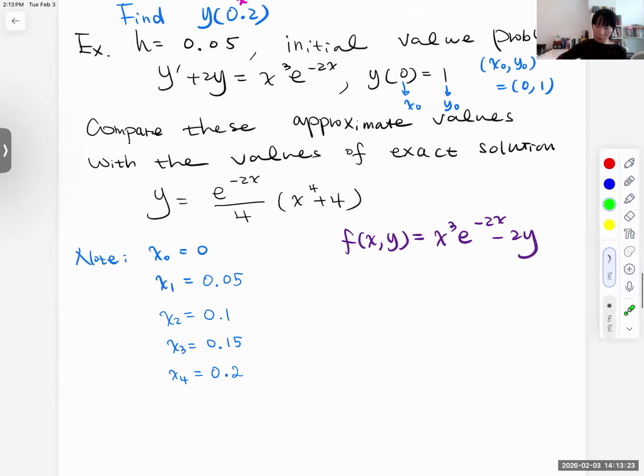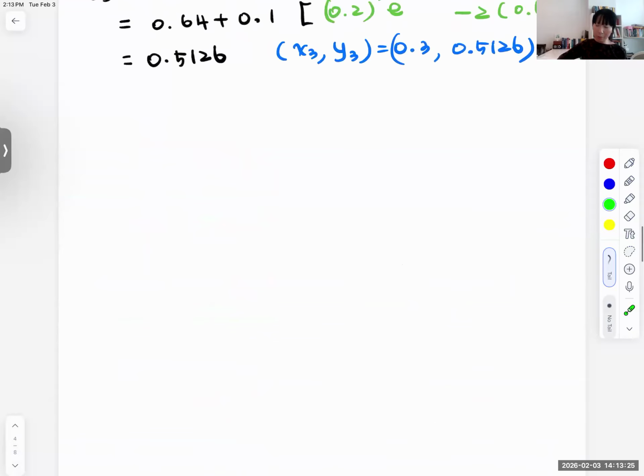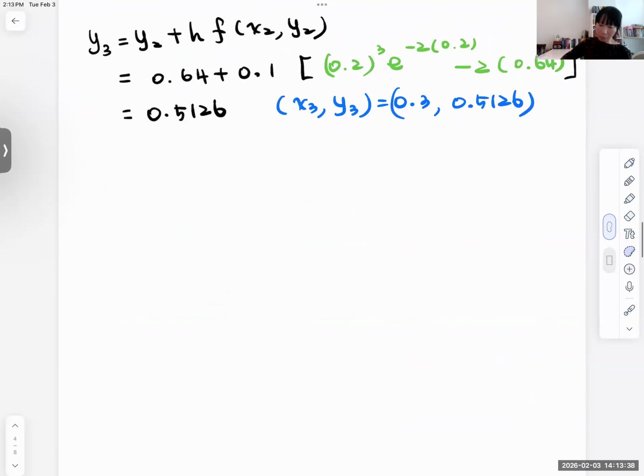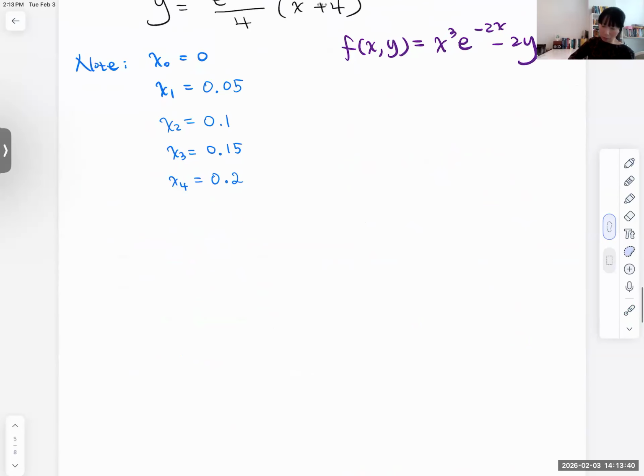The formula, let me use it. Copy. Okay, let's do it.